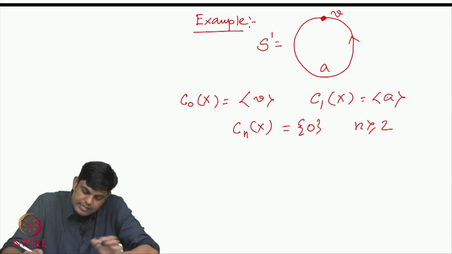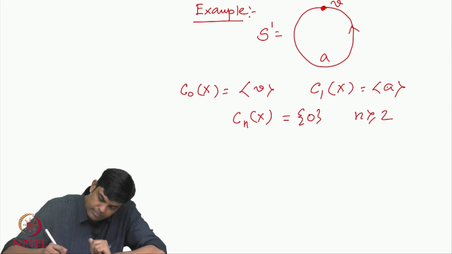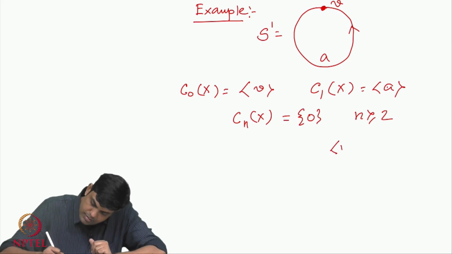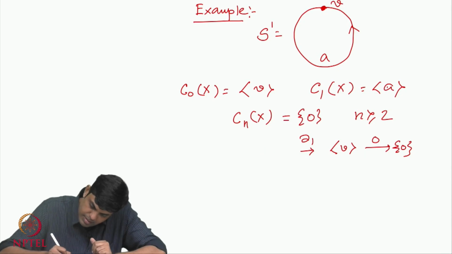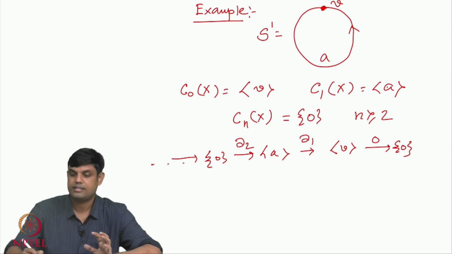If I look at the chain complex, it will look like this. I have C_0, which is generated by V. Here I have the 0 map. I have delta_1, which maps from C_1(X), which is generated by A. And then I have delta_2, which comes from 0. On this side everything else is 0.